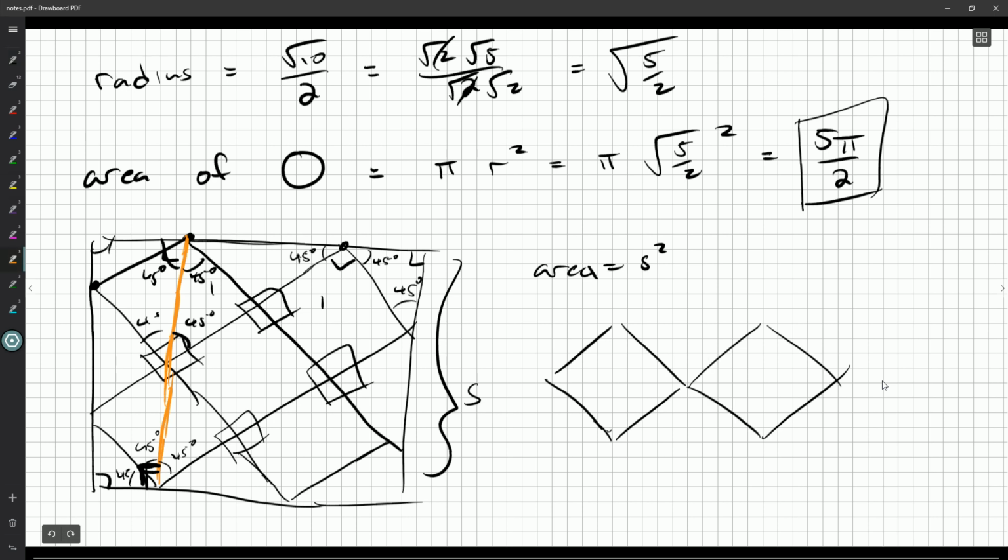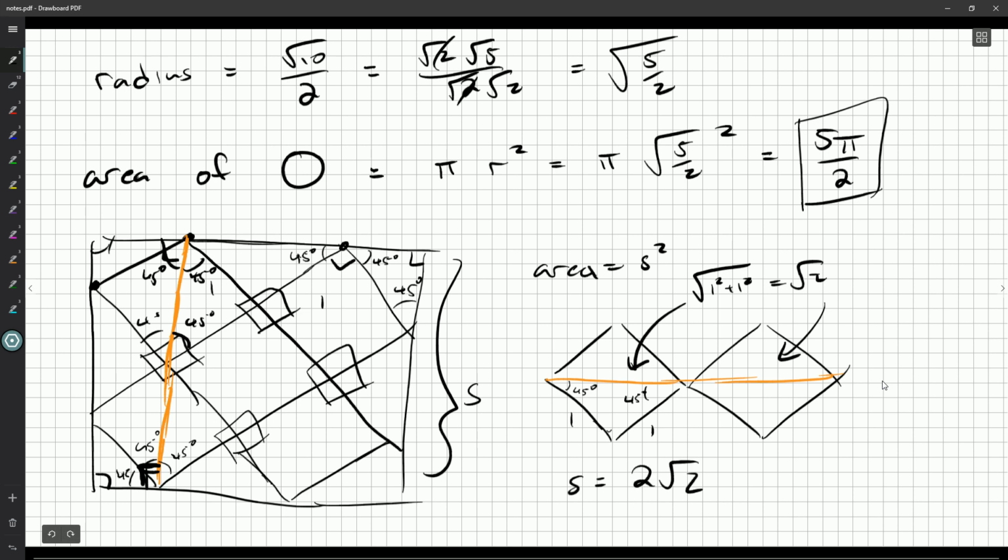And what is it? Well, we can see, thanks to those 45 degrees, that it's going to be 2 of the diagonal of these little squares. So the Pythagorean theorem comes in once again, and this is going to be the square root of 1 squared plus 1 squared, or it's going to be root 2. And so we have 2 root 2's.